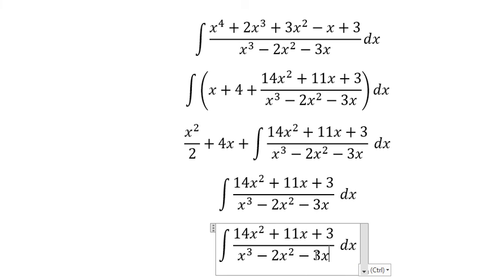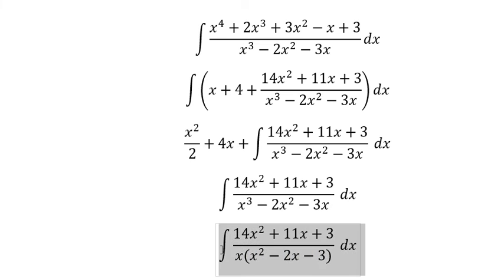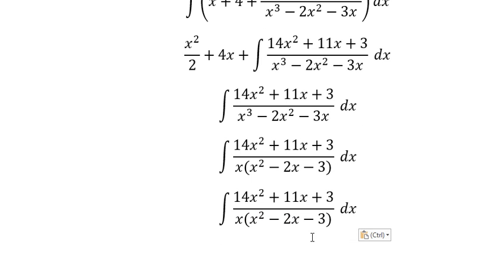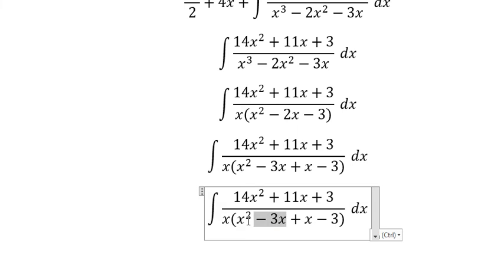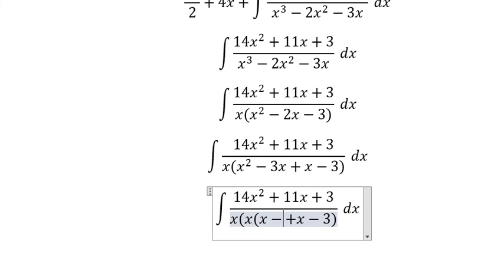So we need to do factorization by s. Negative 2s we can put into negative 3s plus s. Next, we can do factorization by s.